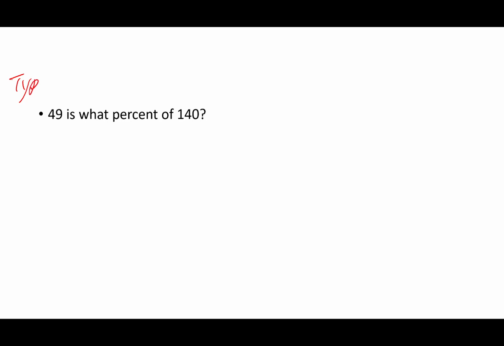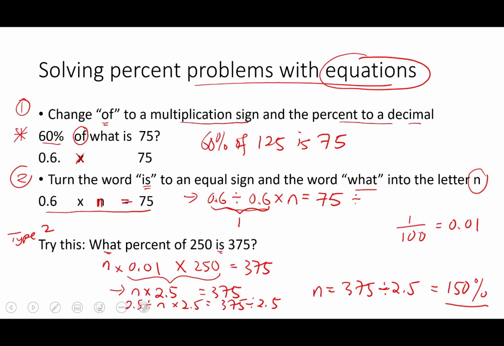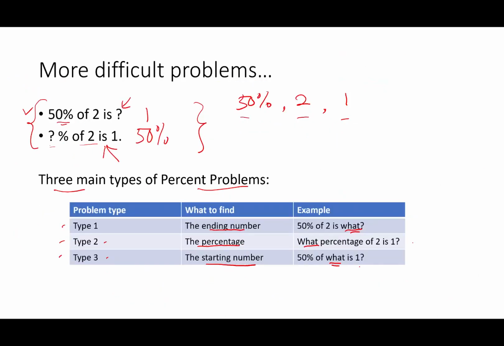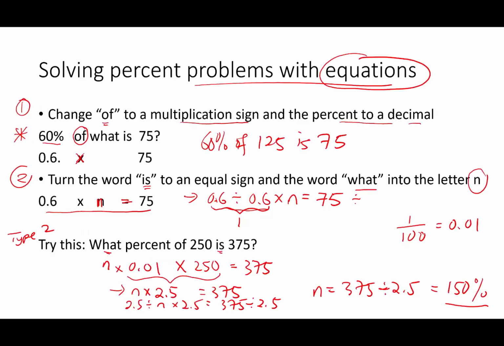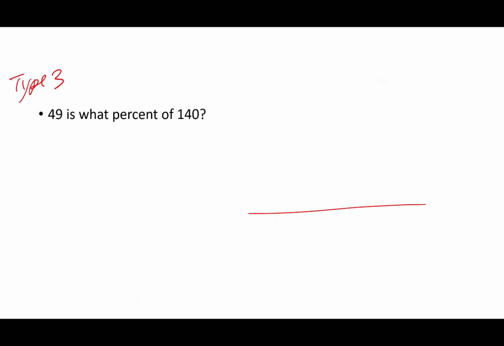So let's look at a type 3 problem. Type 3 is to find the starting number, for example, 50% of what is 1. Let's have a look here. For example, 49 is what percent of 140?